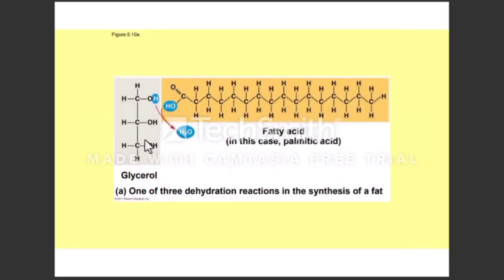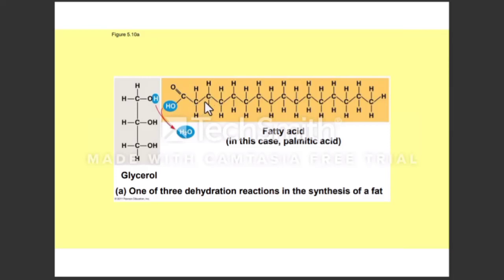So you have here a glycerol, that is an alcohol that is made up of 3 carbon atoms and 3 OH groups. Then this is your fatty acid, which we said has a carboxylic acid group that is terminal, and then you have a normal alkyl.